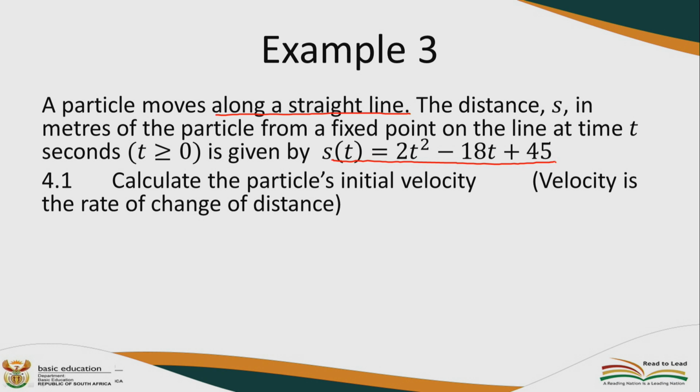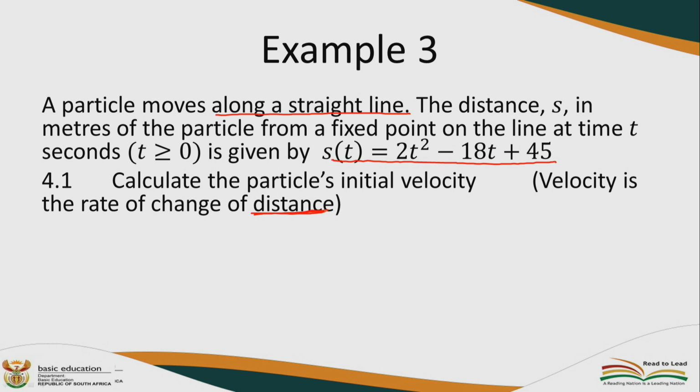Now the first question that they want us to do is to calculate the particle's initial velocity. Now you must remember velocity is the rate of change of distance. This is when we are only considering the magnitude of the displacement. So do not get confused by me now saying that velocity is the rate of change of distance.